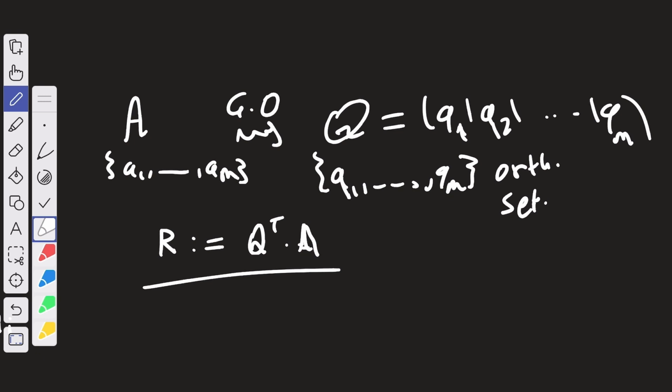Now that we've formed this unitary matrix, we can get R easily by defining it to be Q transpose times A, or we can get R in a different way by following the constants in the linear combinations we were taking in the Gram-Schmidt procedure.